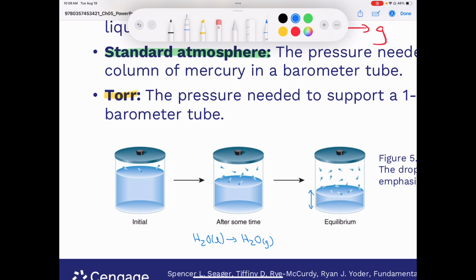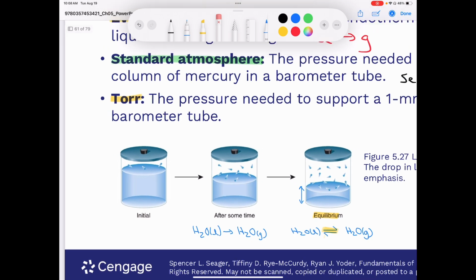Why? Because there's going to be an equilibrium established between the water in the liquid phase and the water in the gaseous phase. You see this arrow that I'm drawing down here. This is an arrow that represents equilibrium. If you try to draw the arrow like this, that is not an equilibrium arrow. That's called a resonance arrow, which we don't worry about right now.